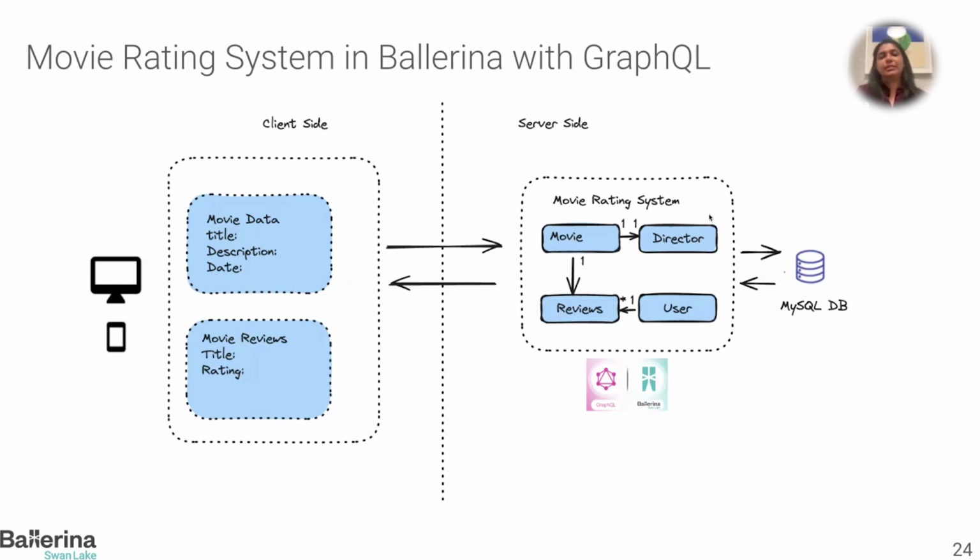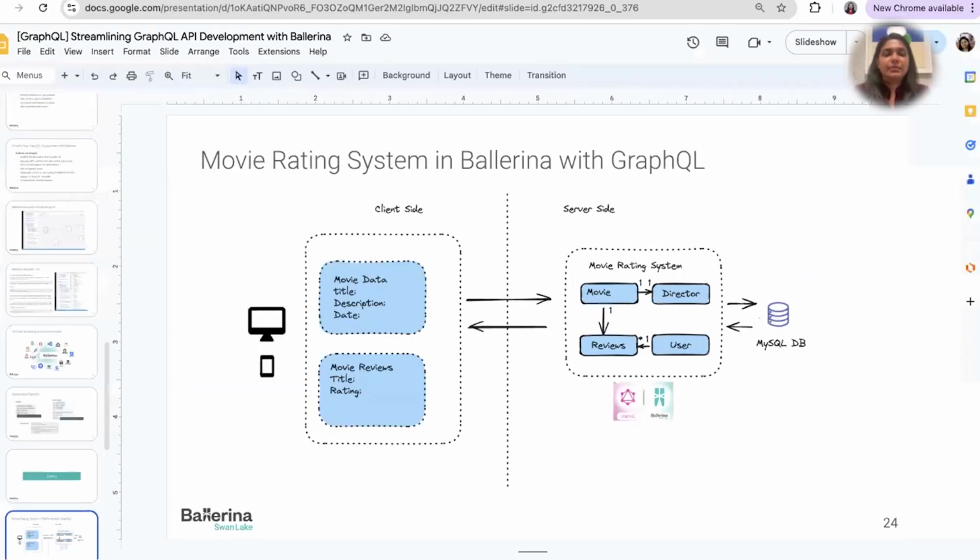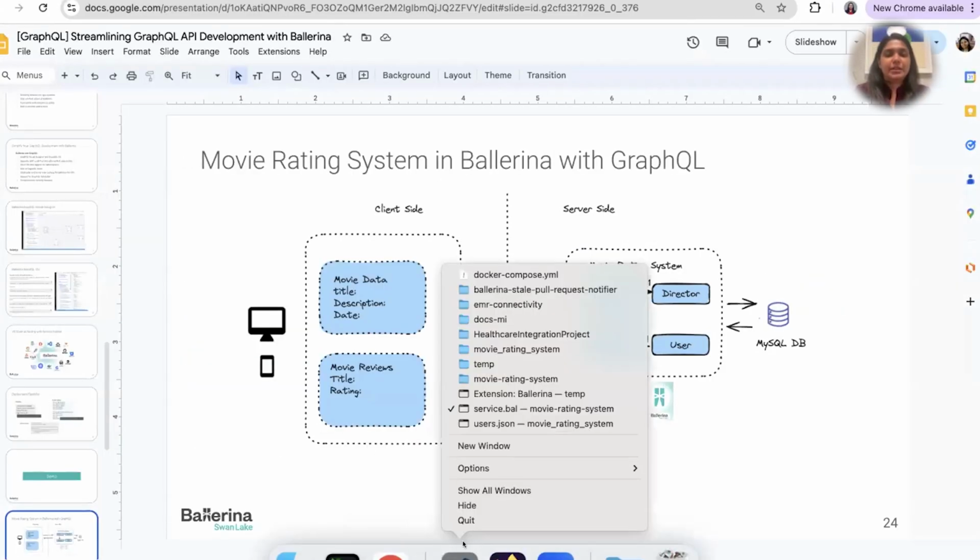A movie can have a director, and a given movie can have multiple reviews, and users can give multiple reviews. Likewise, this is a rating system where users can come and rate given movies and find the details about the movies. That is the backend server side application that I'm going to show, which is implemented using Ballerina, and it is a GraphQL application. So that's the overview of the sample.